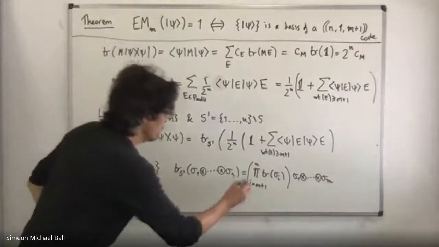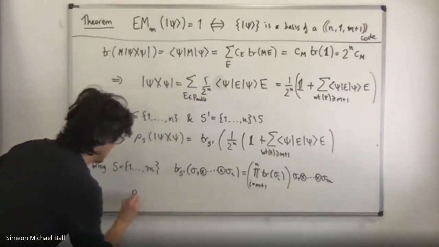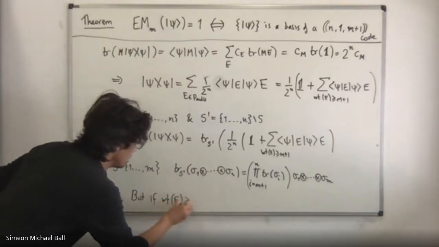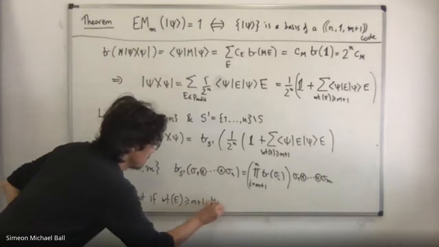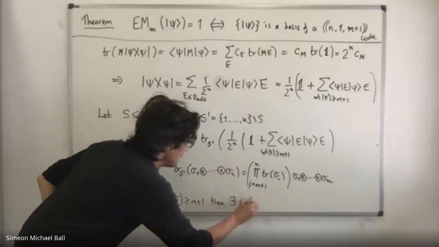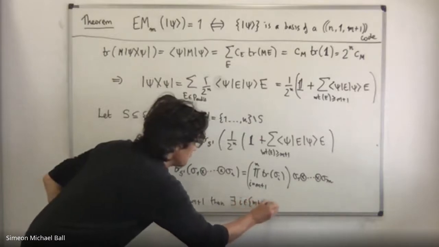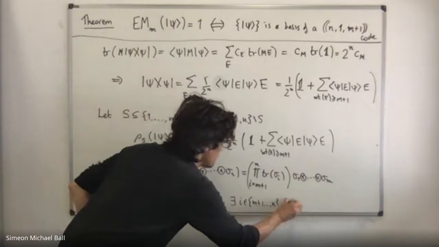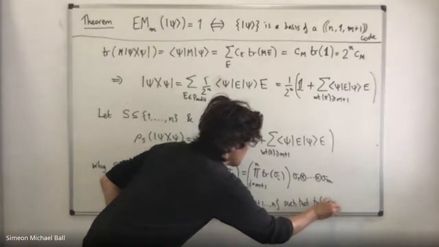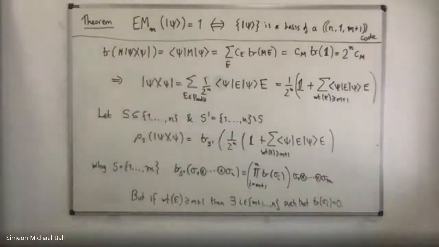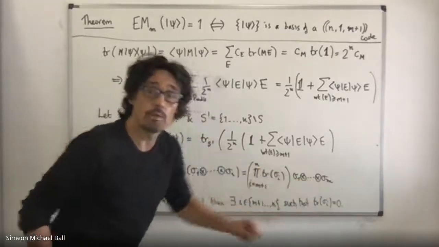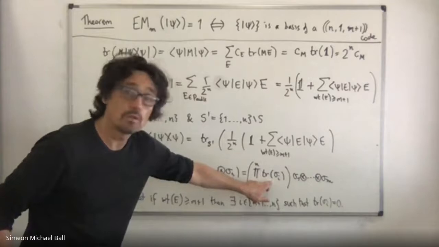But there must be an i in n plus 1 to 2n which is not the identity, because the weight of this is at least n plus 1. So these n may not be identity elements, but there's got to be one in here which is not an identity element.